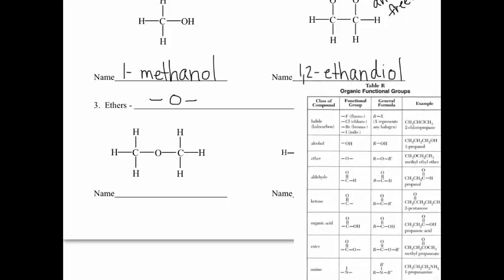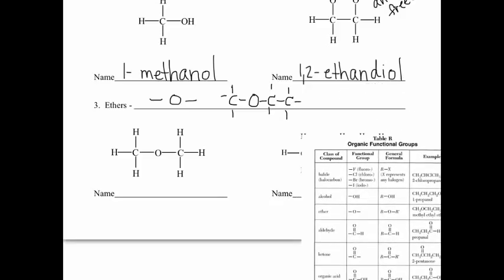If you look at the example, we have a carbon with 3 hydrogens, and then next to that we have an oxygen, which is then connected to a carbon with 2 hydrogens and a carbon with 3, like so. And when you look at the name, they gave us methyl ethyl ether.